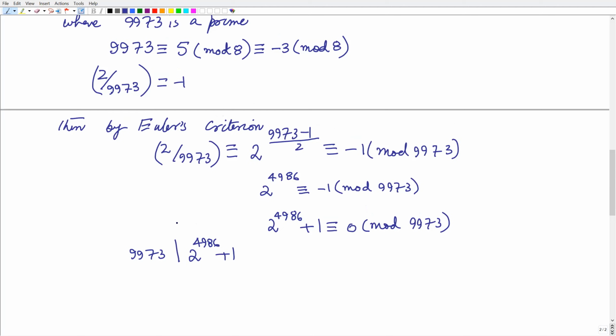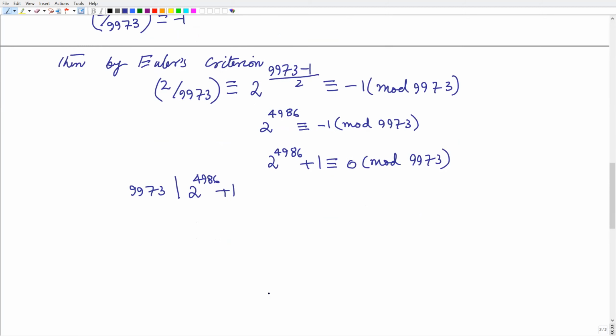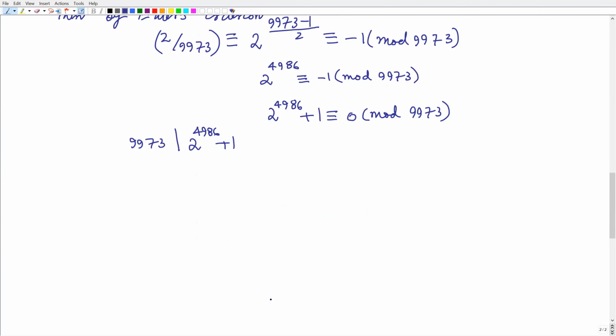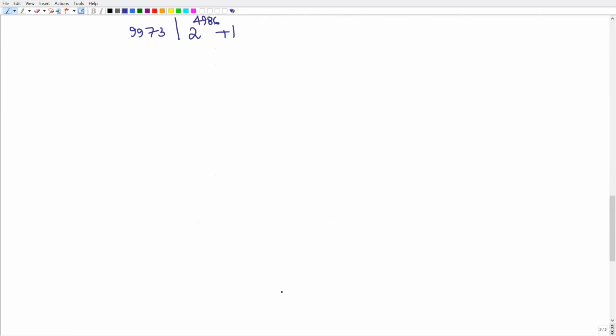Okay, let's move to the next result. It's a corollary of the previous result. Corollary 6.